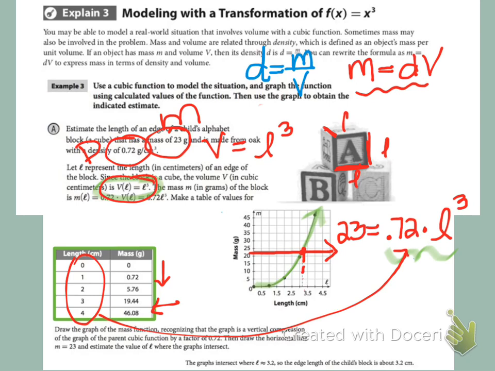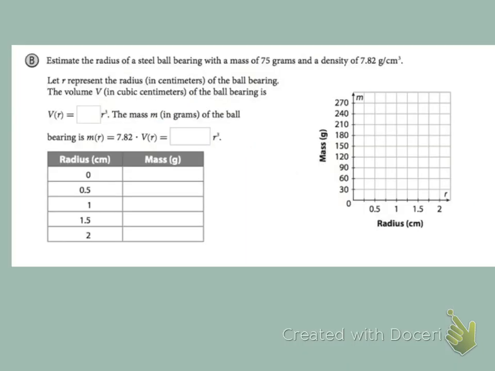So maybe we guess, I gave an estimate of about 3.2 because it's between 3 and 3.5. Or we could use a graphing calculator to get a little more accurate value. So essentially we take the mass, which is going to be a horizontal line, and graph that, and then graph the density times the volume function, and then just see where they cross.